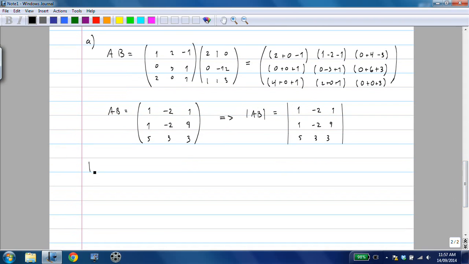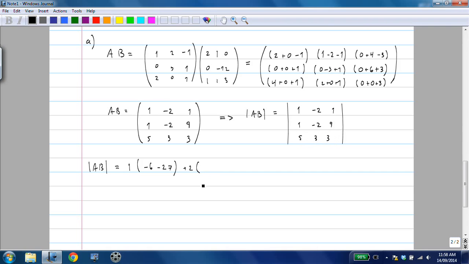So we'll get AB equals 1 times the determinant of this 2 by 2 matrix here, so we get negative 6 plus 27 will be minus 27, so minus 6 minus 27. We'll have a minus sign here of minus 2, so that becomes a plus 2. And we want to do the determinant of this 2 by 2 matrix here, omitting the middle column.